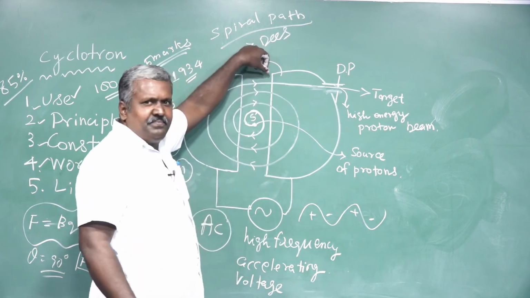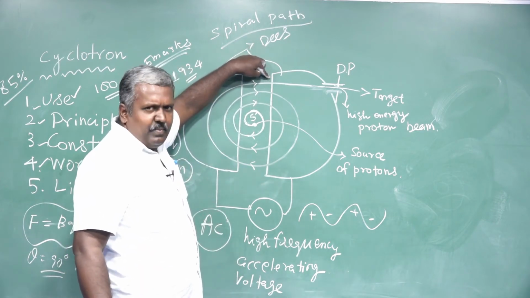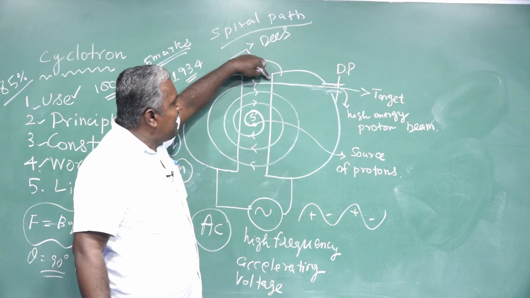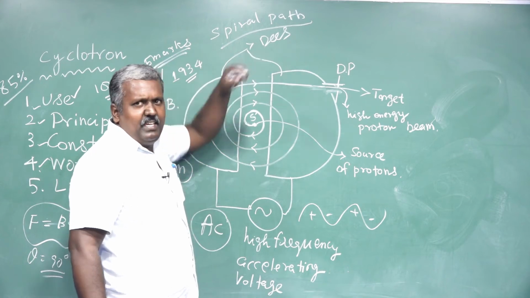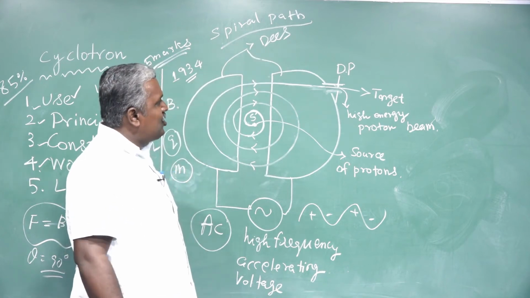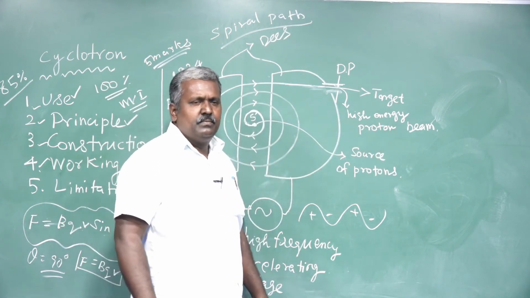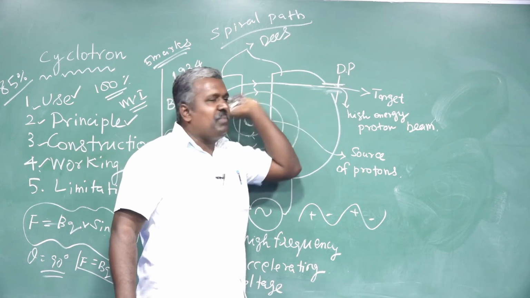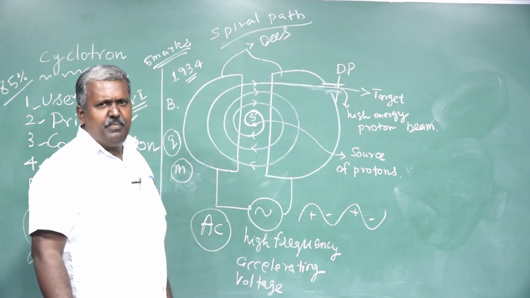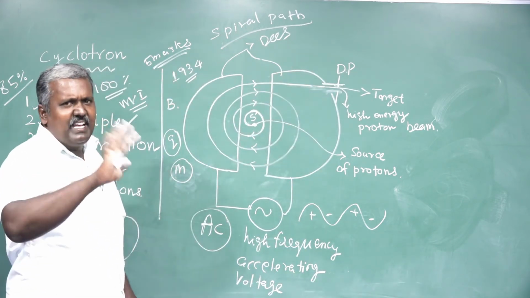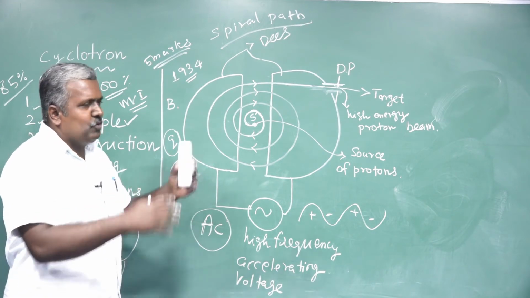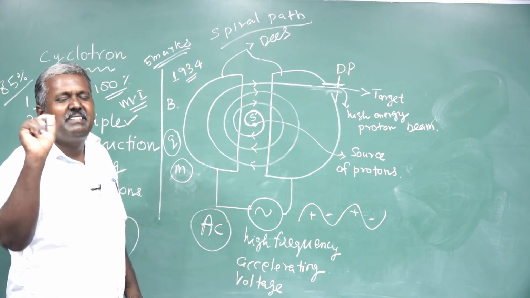And coming near the edges of the D with high energy, for example the proton, it is taken out with the help of deflector plates. That is called DP. And finally, it is allowed to hit one of the targets.